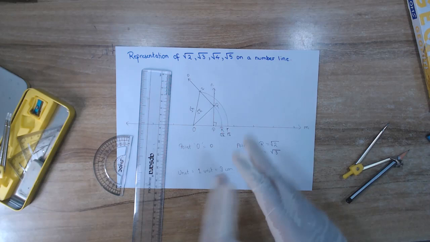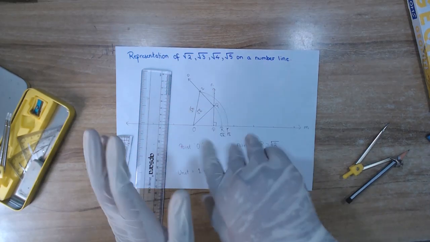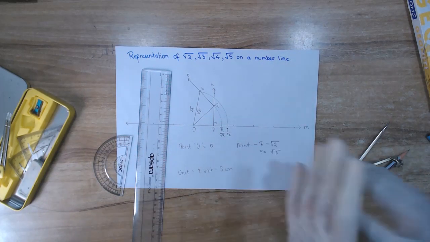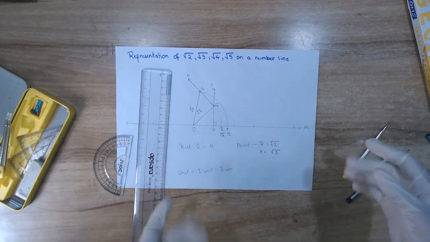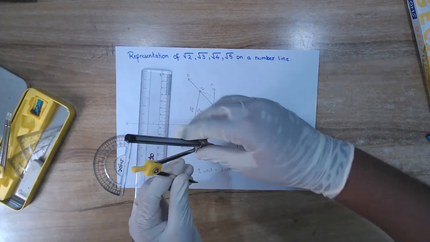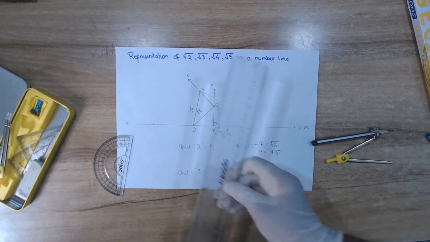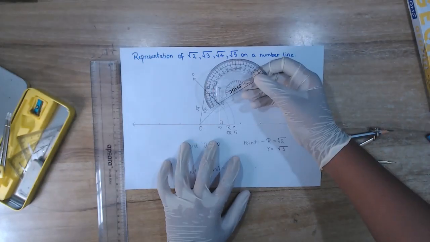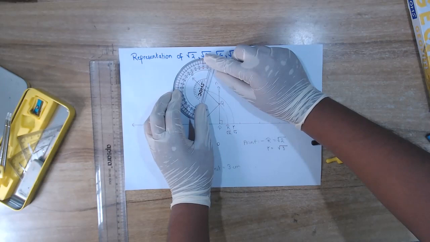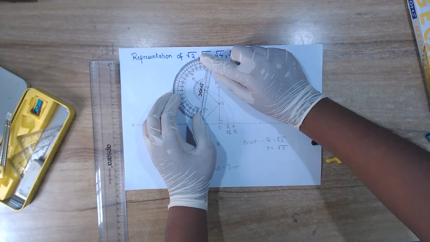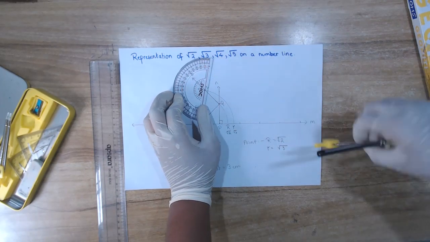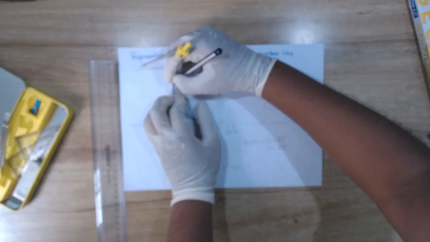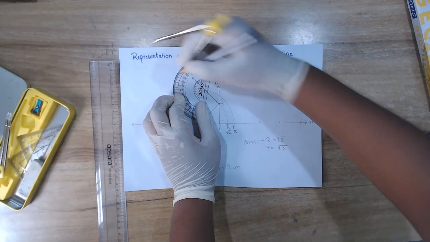Alright. Okay, so let's summarize one thing. Square root of 4 would be 2, as 2 multiplied by 2 is equal to 4. Let's do it. Okay, 90 degrees. Another time we'll be making 90 degrees, here.